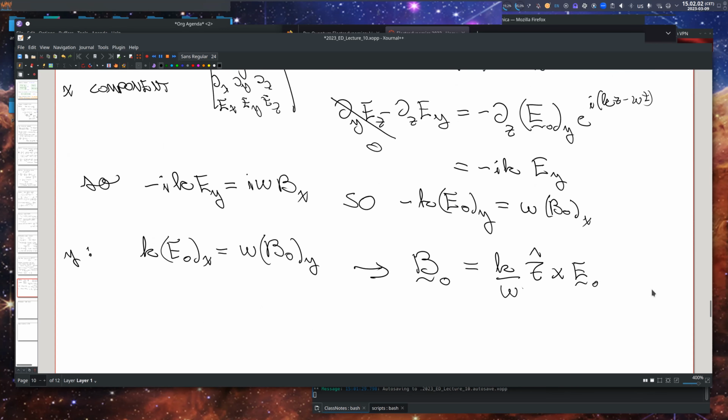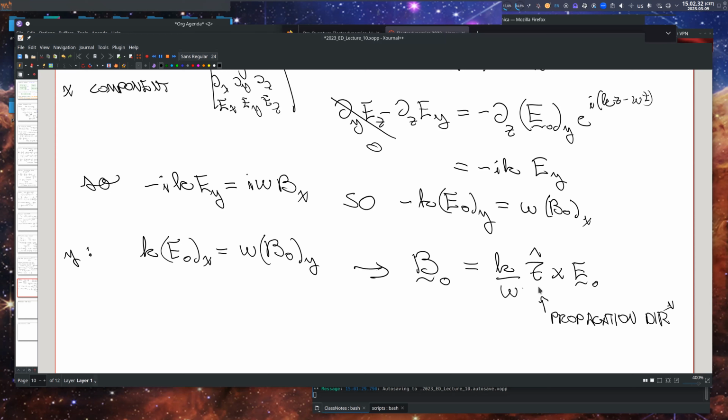Okay, so what does that equation tell you? So this z here was the propagation direction. What this is telling you is that there's the propagation direction, the electric field is perpendicular to that direction, and the magnetic field is perpendicular to both.